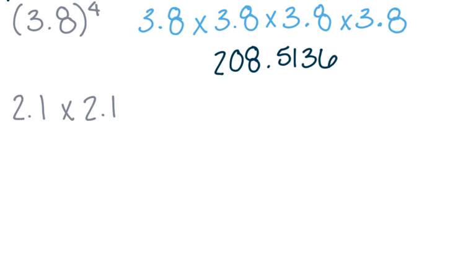Our next example is 2.1 times 2.1. So this time it's in expanded form, and we have to write it in exponential form. So we're going to remember to put 2.1 in parentheses, and then it is being multiplied twice, so it is going to be to the power of 2. And then in standard form, it is 4.41.